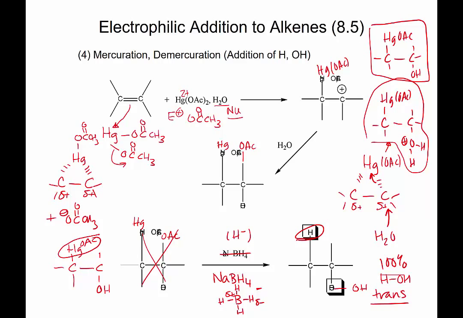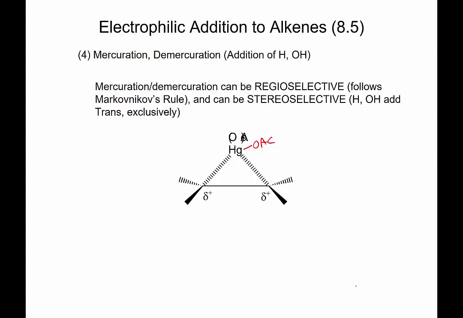So it does fit Markovnikov's rule, but yesterday I said, well, okay, we can broaden Markovnikov's rule and say the electrophile adds to the carbon with the most hydrogens, and then the nucleophile adds to the other one. So the mercury set the stereochemistry of this, and the mercury sets the regioselectivity. But there's a problem, and the problem is that I have a triangle. So how do I deal with Markovnikov's rule when I have a triangle?